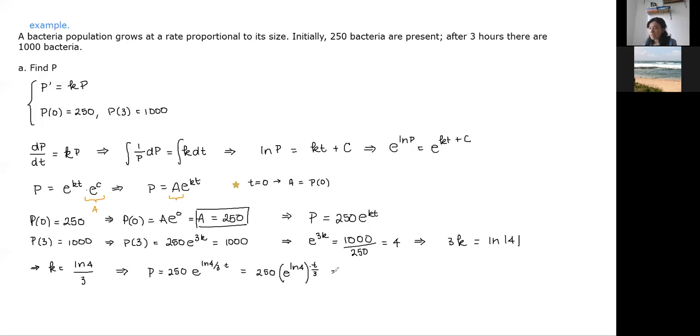And so that means that p is equal to 250 times e to the ln 4, which is just 4, to the power of t over 3, right? So I write my final answer over here. The population as a function of time t is going to be 250 times 4 to the t over 3.